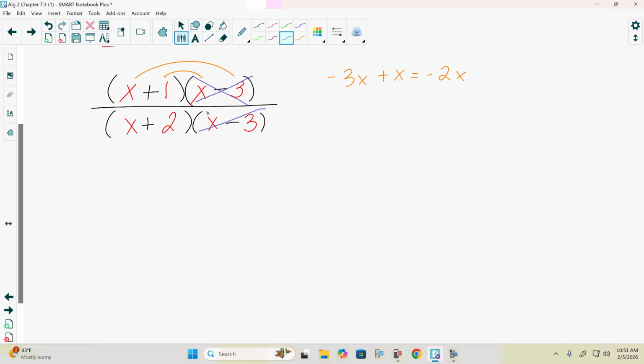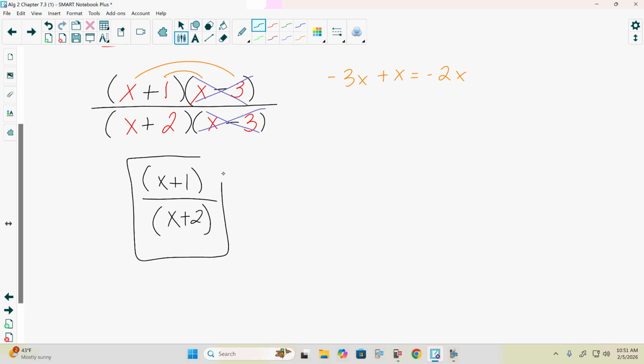which means these will simplify out. They will reduce to 1 on top and bottom, leaving us with... now it doesn't simplify any further. No greatest common factor in either set of parentheses.